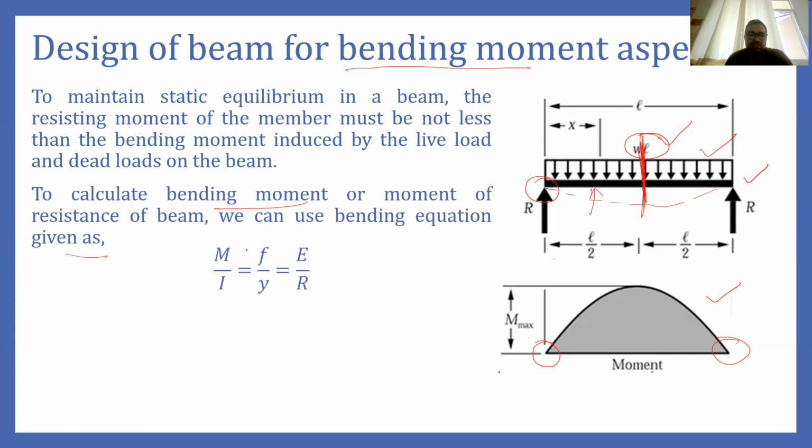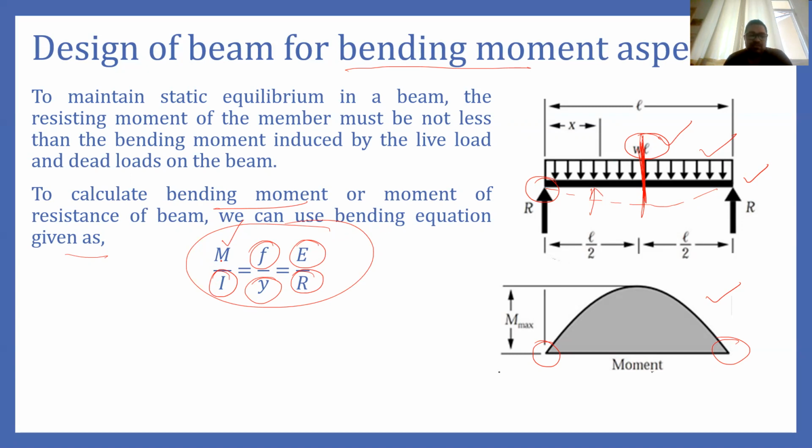In this equation, M is moment of resistance or maximum bending moment, I is the moment of inertia, f is the bending stress, y is the distance from the neutral axis to the point where we are required to find out the bending stress, E is the Young's modulus of elasticity of the material, and R is the radius of curvature. So these six terms form the bending equation.